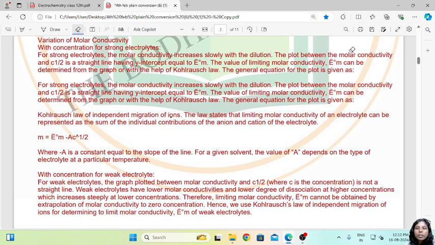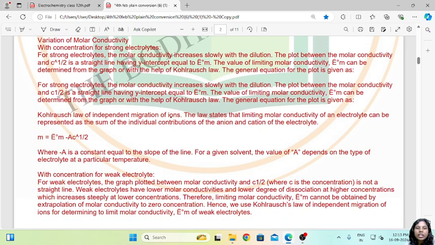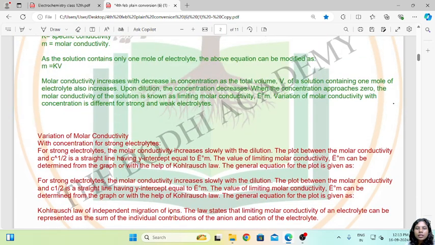So the plot between the molar conductivity and C, that is concentration raised to half, is a straight line graph having an intercept equal to lambda naught m. Lambda naught m is the limiting molar conductivity.